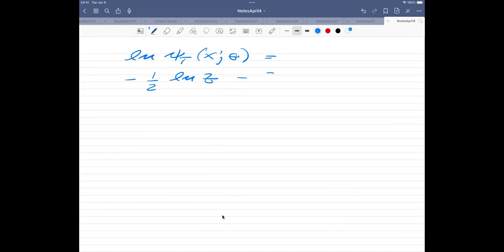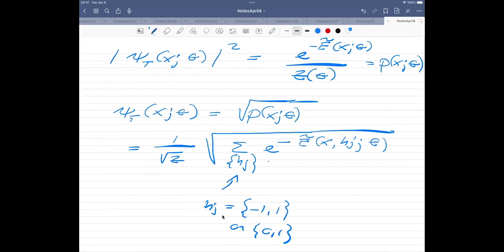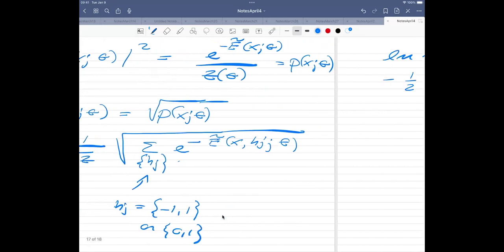And then I'm going to have a 1 over 2 sum up to N of x_i minus a_i. So the nice thing with having an exponential here is that life becomes much easier.